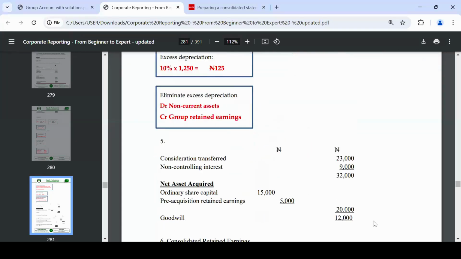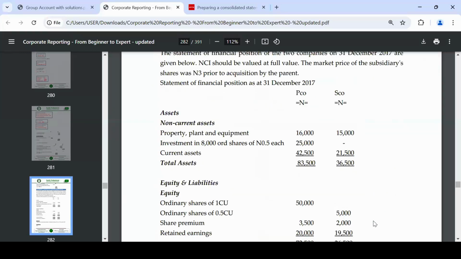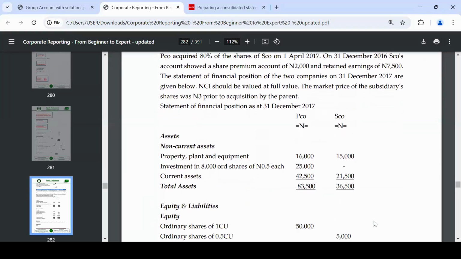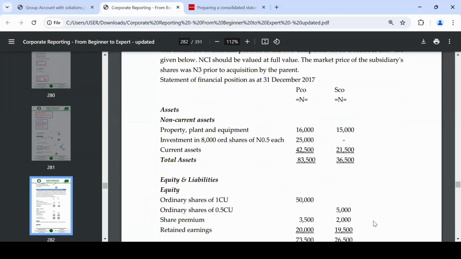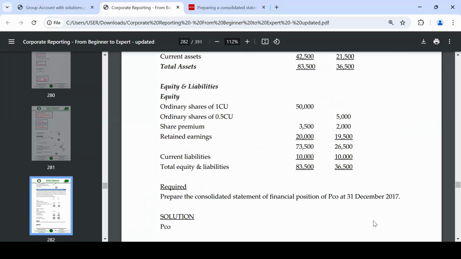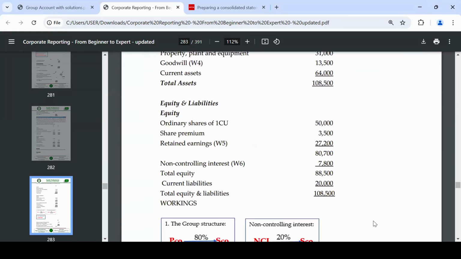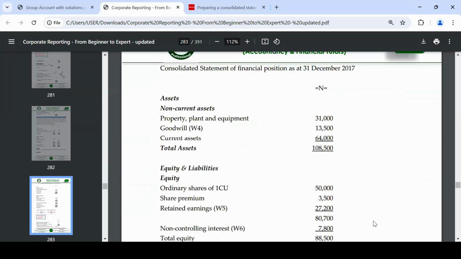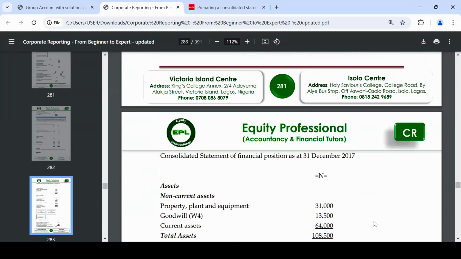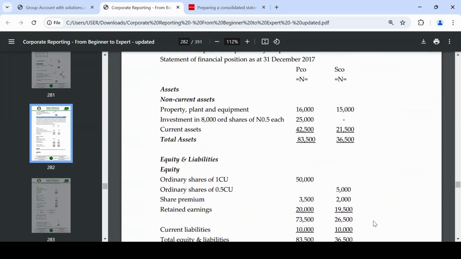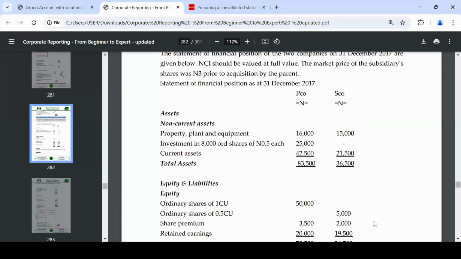Okay. Now, when we come to acquisition of a subsidiary during the year, there's no big deal to this. No particular big deal to it. The only thing we have always said is that pay attention to what is the part of the retained earnings that both the parent and the NCI will share.